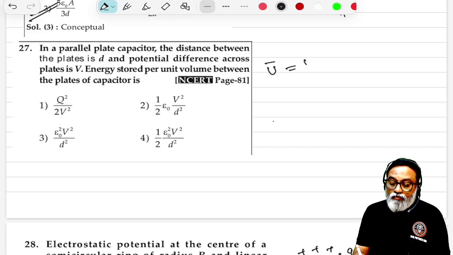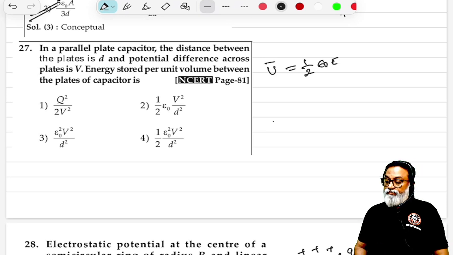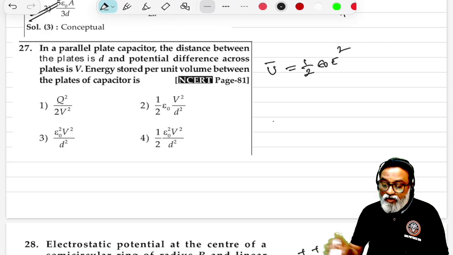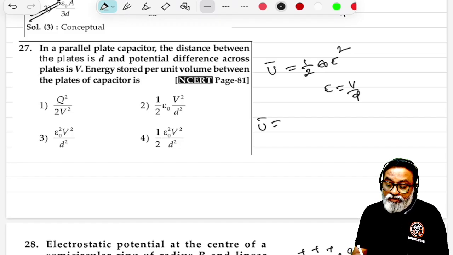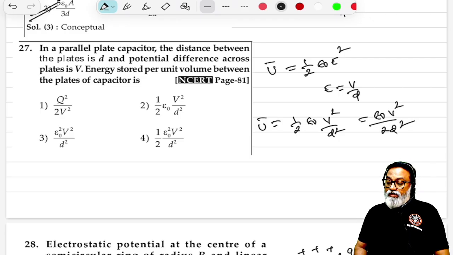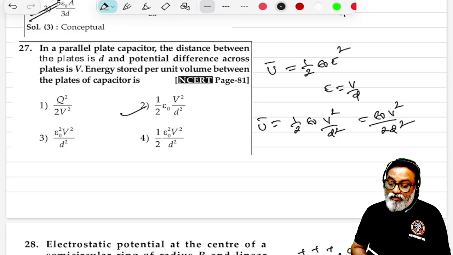U bar is equal to 1 by 2 epsilon naught E square, but in the options there is a potential difference V. Therefore E is equal to V by d. Therefore energy density 1 by 2 epsilon naught E square means V square by d square. This becomes epsilon naught V square by 2d square. Therefore answer second one correct.